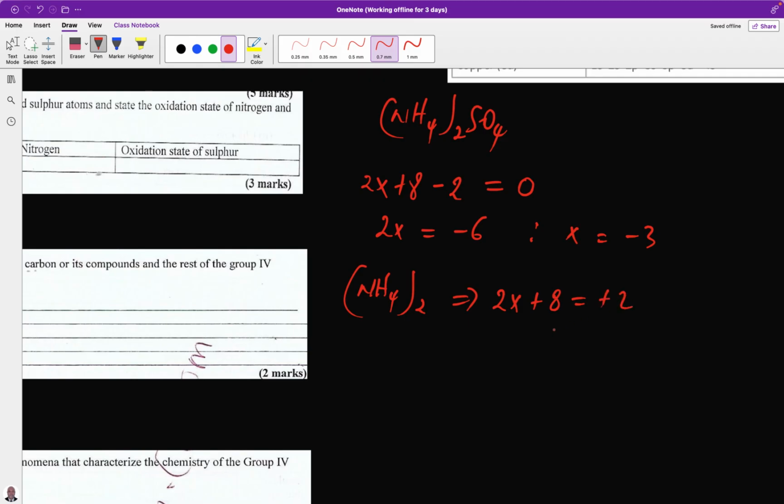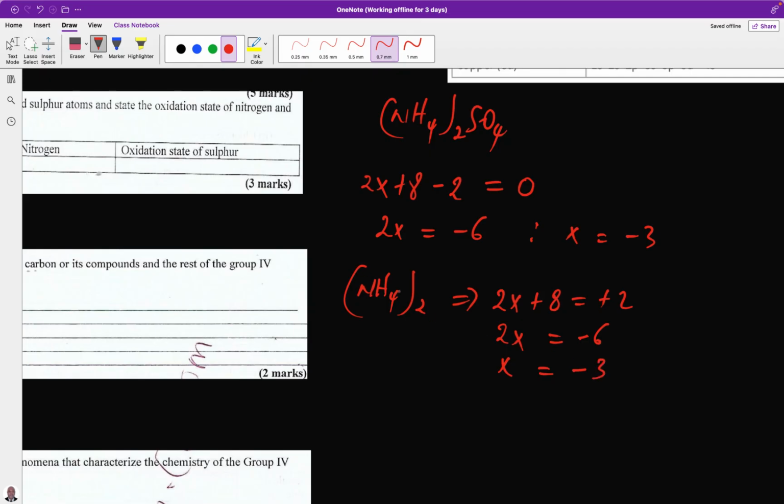So in that case, we will say 2x plus 8 equals, this comes here, -6... -6 plus 8 is 2, so x will still be equal to -3.